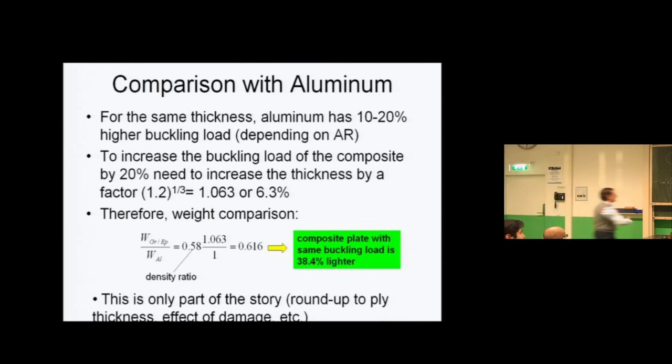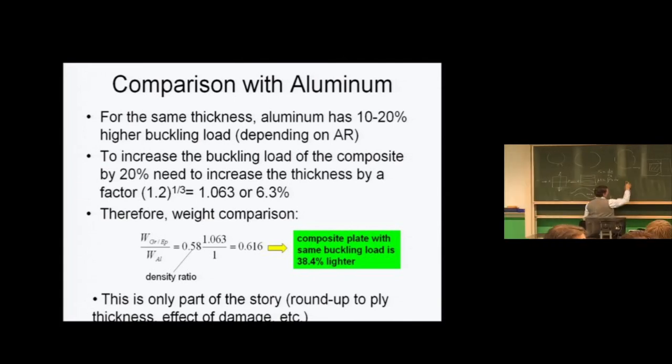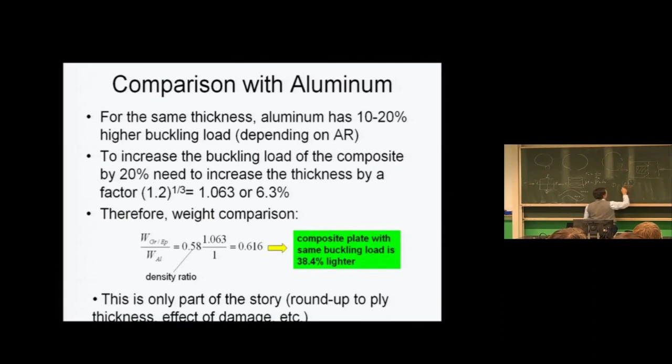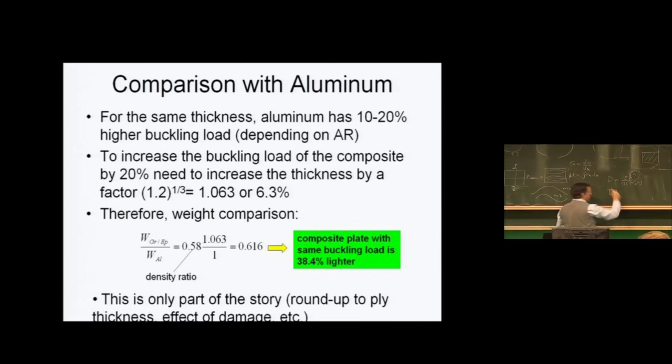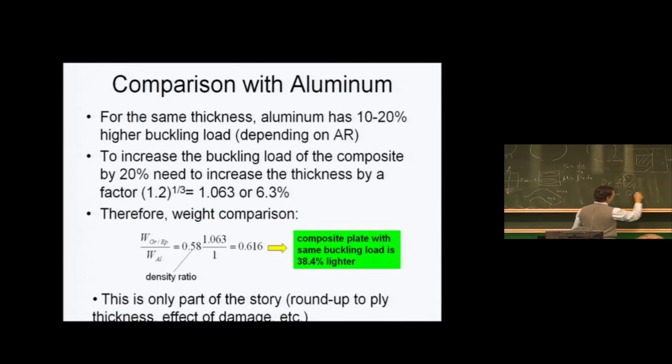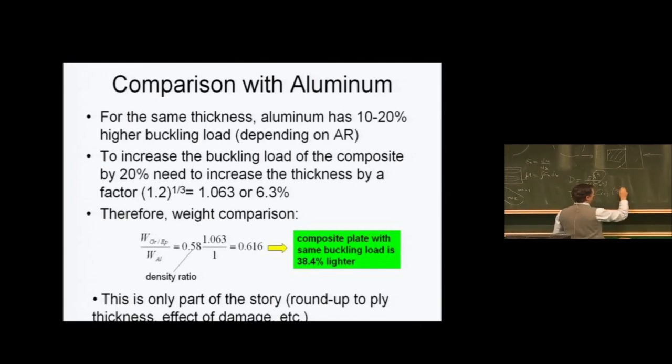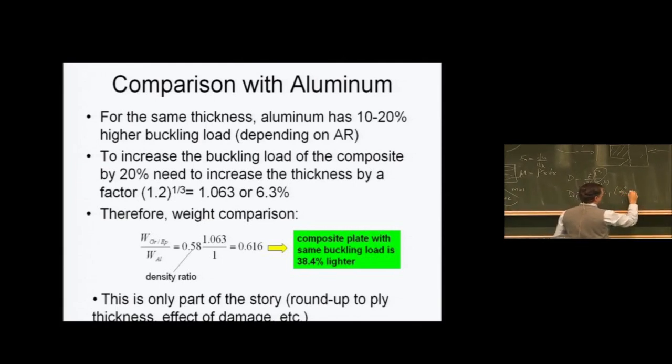But yeah, he's absolutely right. The D matrix, whether it's for isotropic material, we said it's Eh cubed over 12 times 1 minus nu squared, or the Dij for a composite material, go like the Qij times Z_k plus 1 cubed minus Z_k cubed.